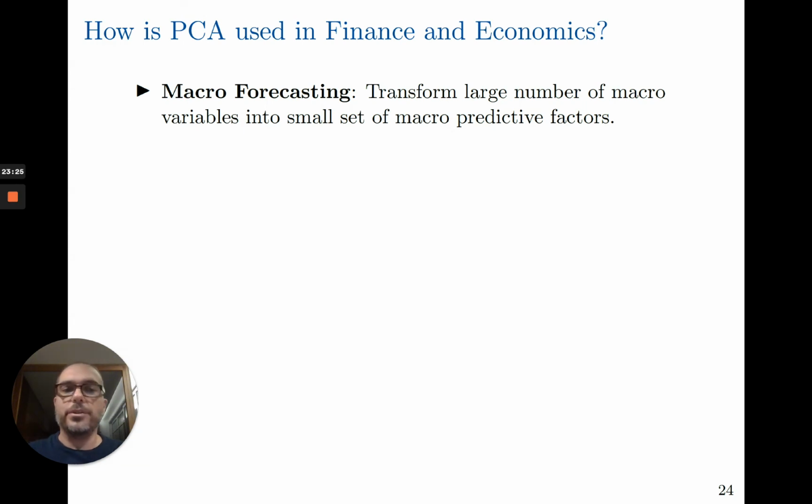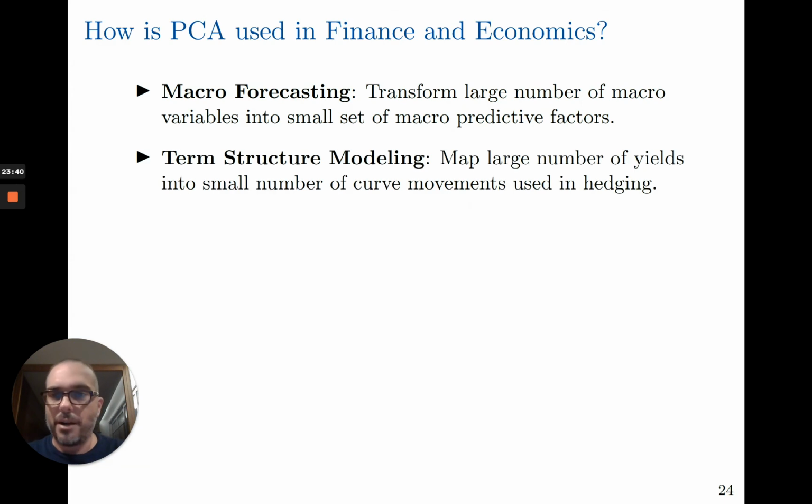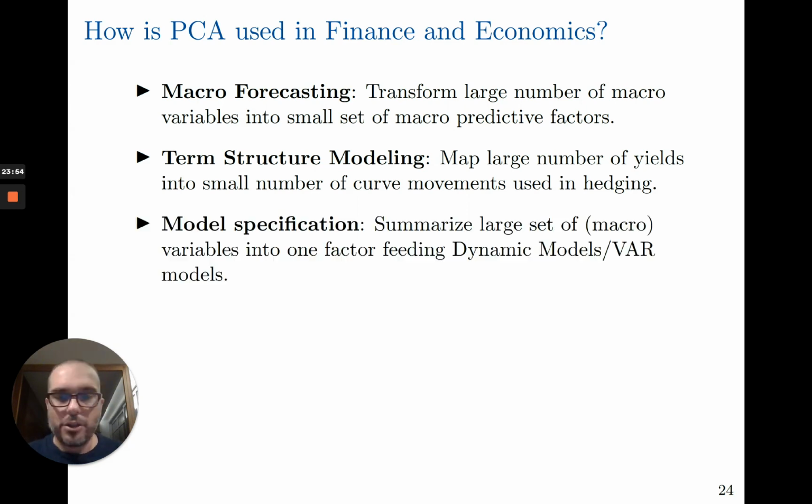How is PCA used in finance and economics? First, macro forecasting, for example inflation forecasting: transform a large number of macro variables into a small set of macro predictive factors, and use these factors to forecast macro variables. Term structure modeling: you have a large number of yields and you model their dynamics through a small number of curve movements, and this can be used, for example, in hedging.